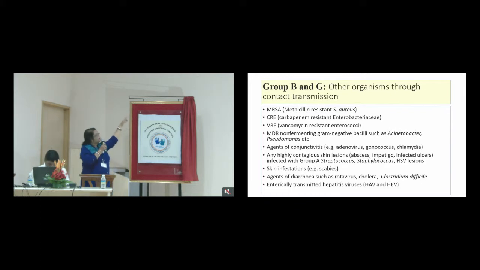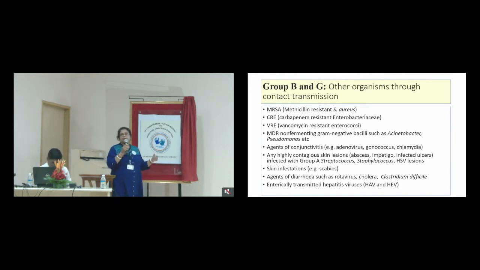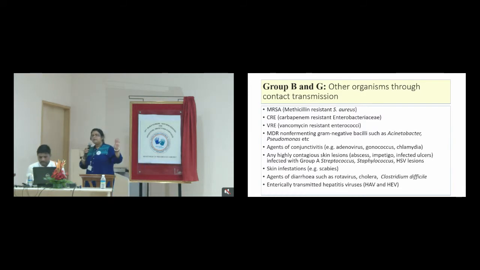Then you have carbapenem resistant Enterobacteriaceae. Then vancomycin resistant Enterococci. Those are the MDR pathogens. Then agents of conjunctivitis for contact precautions, contagious skin lesions, scabies, skin infestations, agents of diarrhea you have already mentioned, and enterically transmitted hepatitis infections. Okay, next. Clear?